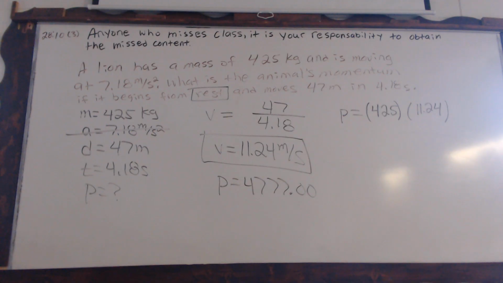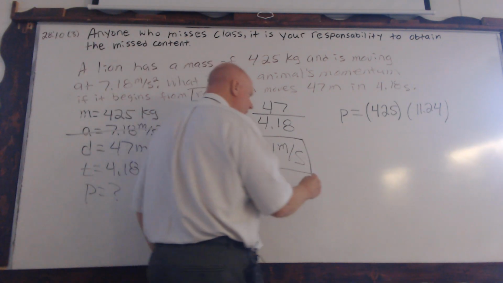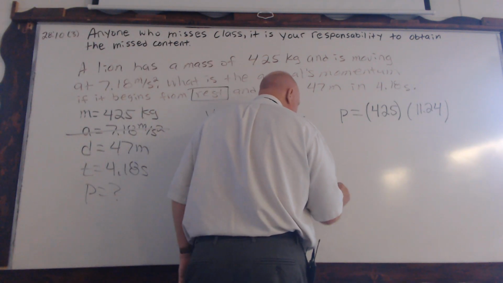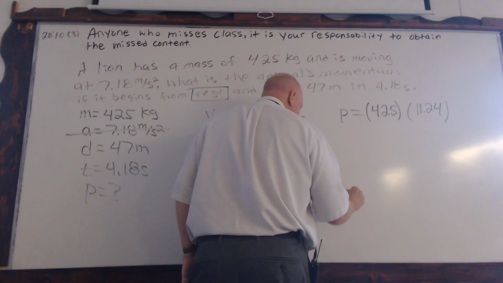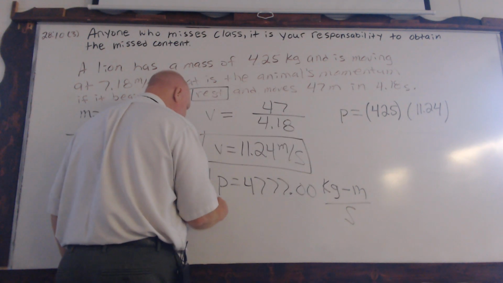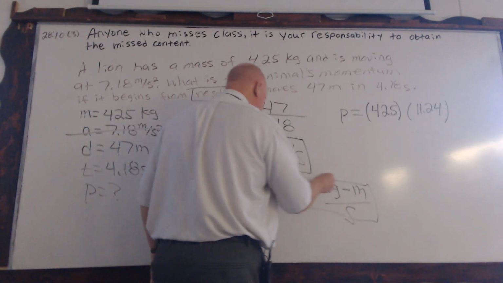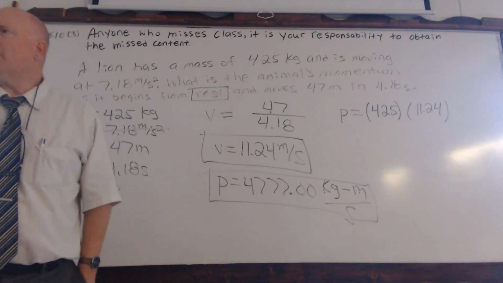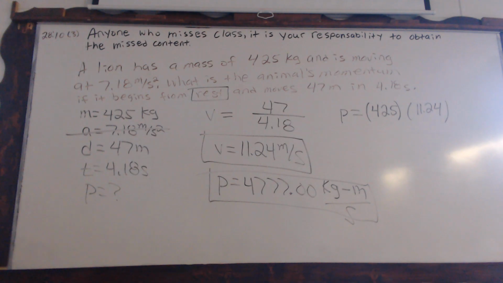Okay, so how do we label this now? Kilograms meters per second. So that's what we mean. Show your setup work so you can look at what the question's asking, because you can't solve for momentum right away; you just don't have enough information to do that.